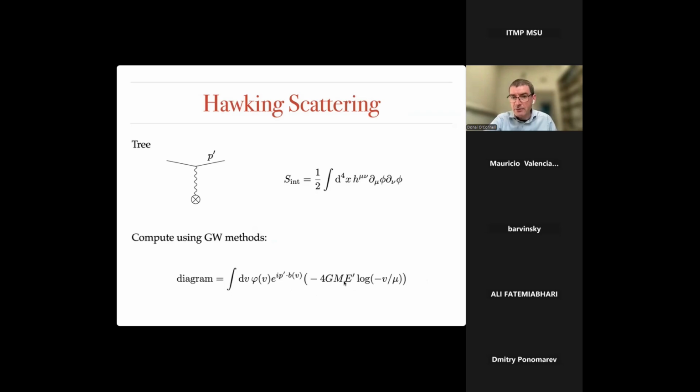And there's a factor here which involves a log of this v, with some parameter mu absorbing some dimensions. There is an infrared divergence here, which we've absorbed into this mu. It will cancel out in the observable. And the rest here is about 4gm, just the mass, Newton's constant and the final energy.